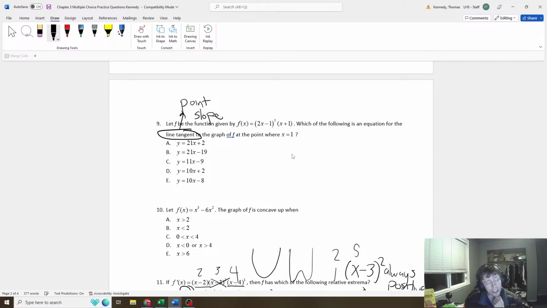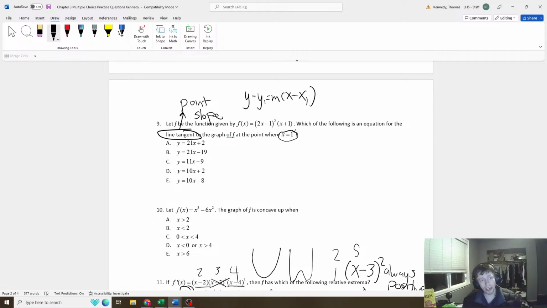Unsurprisingly, point slope form, y minus y1 equals slope times x minus x1, is usually pretty helpful to plug stuff into at this point. You can use slope intercept form. I tend to use point slope because you're always going to find a point and always going to find slope for this. A nice part about this is they happen to tell you that x equals 1.